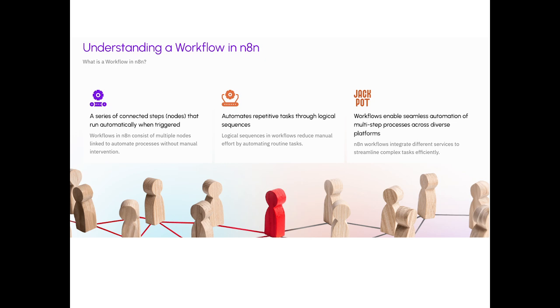Action nodes perform tasks, say sending a message or saving a file. Logic nodes control the flow, like an if or else condition. So basically, workflows are made of nodes which are connected to each other. We'll see an example of a workflow in the next video.